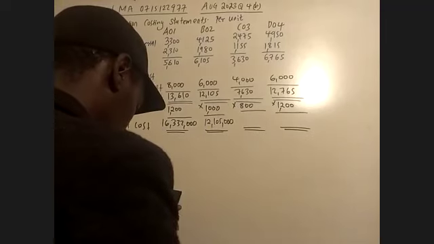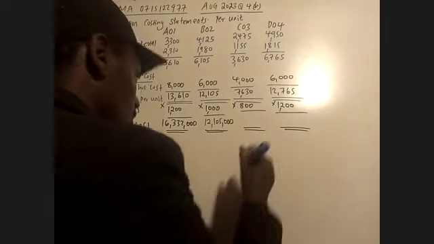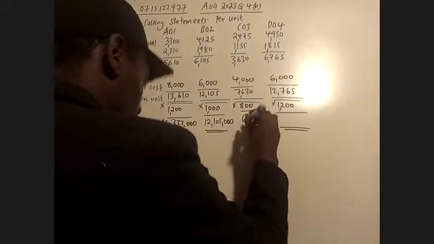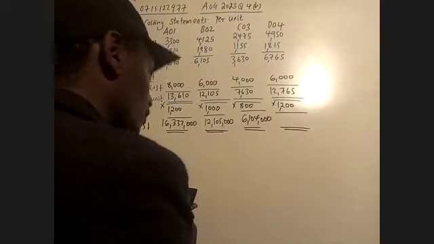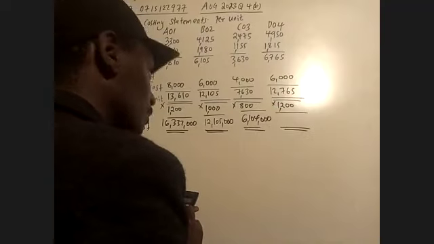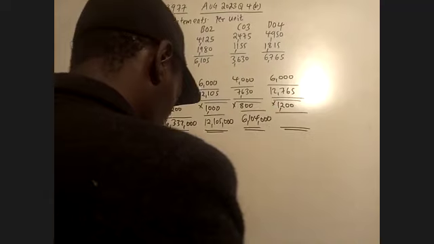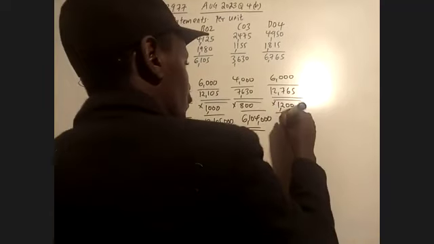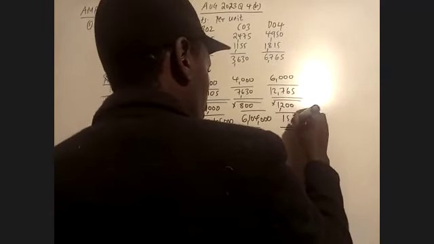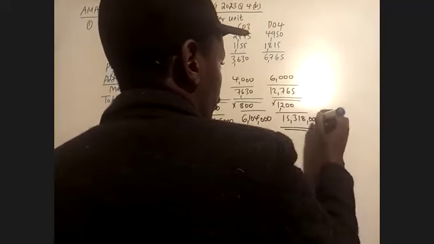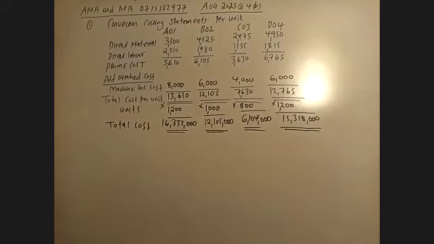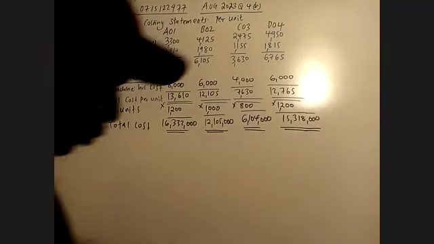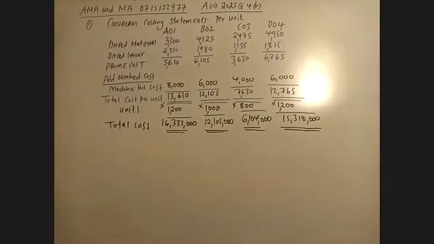Then 7630 times 800, 6,104,000, and then ya mwisho 12,765 times 1200, which is 15,318,000. And that's all about the total cost of the conventional costing.